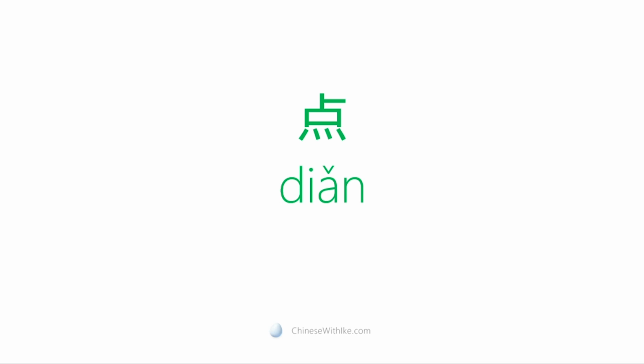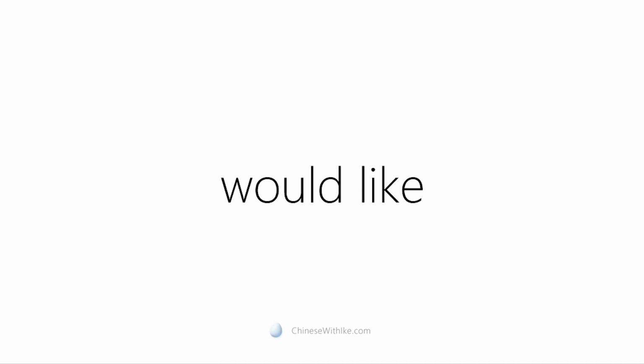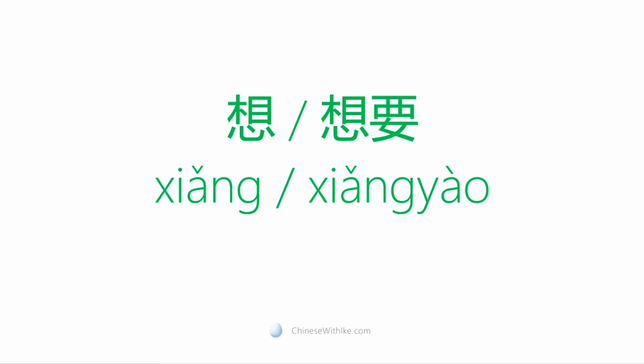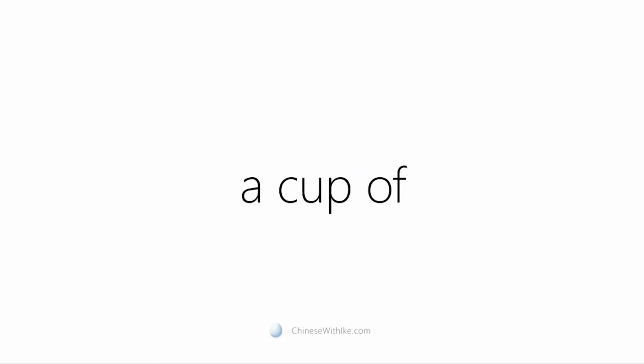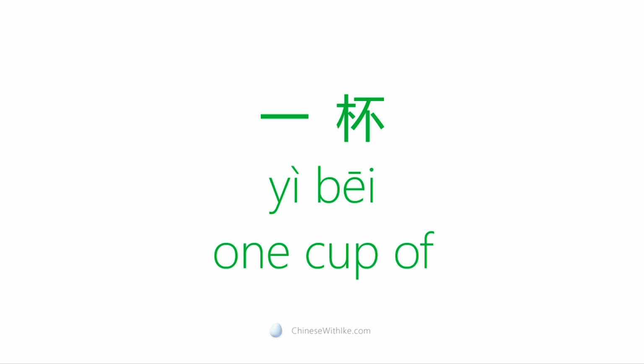To say yes in Chinese is 点. Remember I told you, the key word for answering yes is the verb, not to say yes. Do you remember how to say would like in Chinese? 想要 or 想. Do you remember how to say a cup of in Chinese? 一杯.